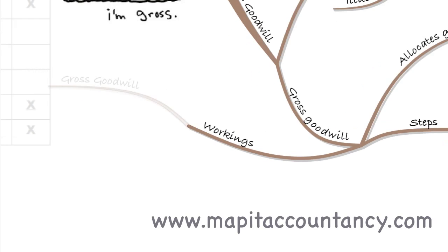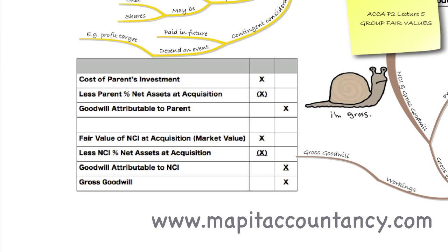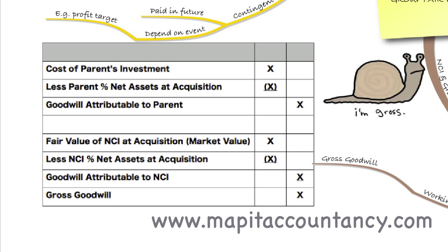So the workings to do this, the gross goodwill working then is this one. The top bit is just the same as proportionate goodwill, cost of the parent's investment less the parent's percentage of net assets at acquisition gives us the goodwill attributable to the parent. Then the bit that's attributable to the NCI, we take the fair value of the NCI at acquisition. Usually you'll just be given that in the question.